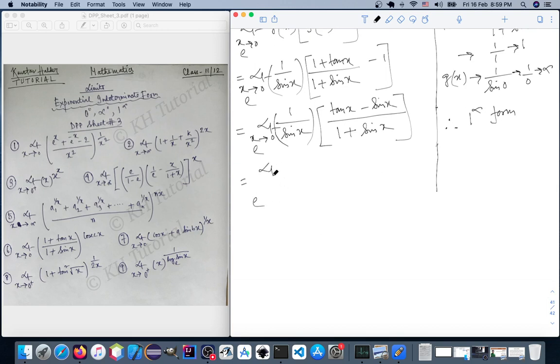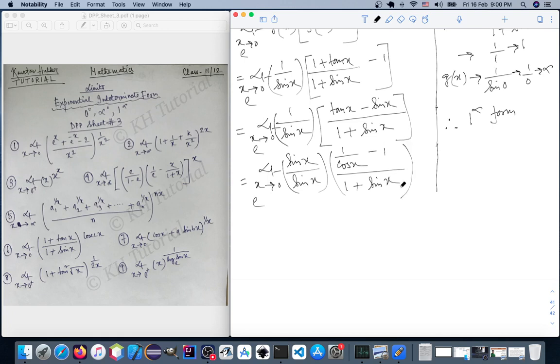This becomes limit x tends to 0. We bring out sin x common from the numerator of the second term, and we get 1 by cos x minus 1 divided by 1 plus sin x.